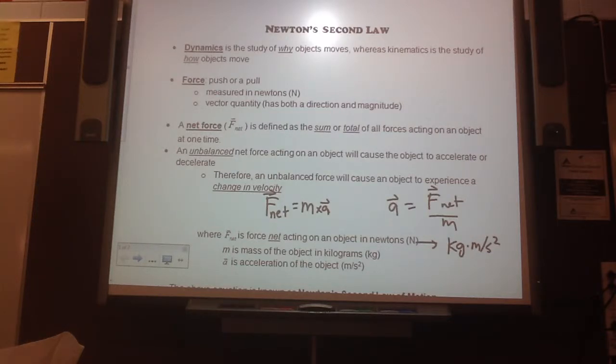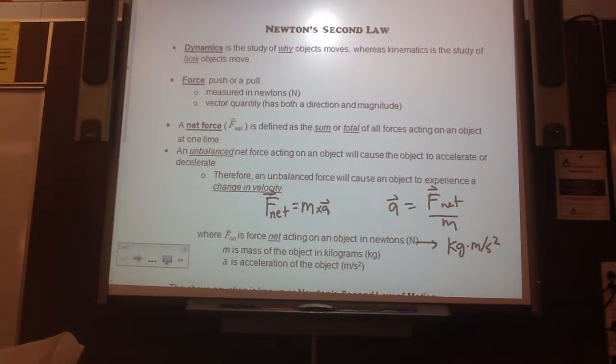Say I had a mass of 12 kilograms and its acceleration was 2.53 meters per second squared. To find F, I go 12 kilograms times 2.53 meters per second squared.